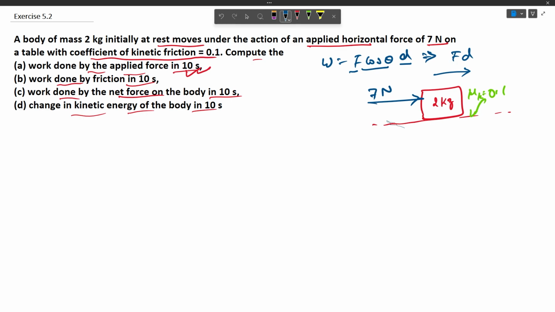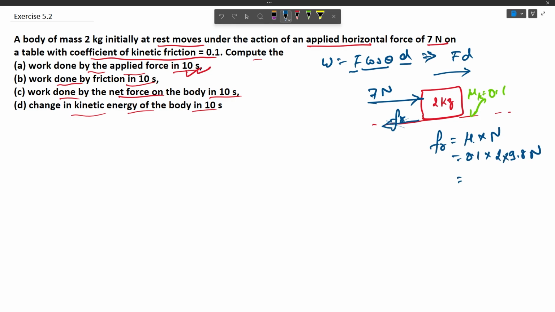Now force of friction would be acting in this direction, so we can represent it by Fr, and Fr has a magnitude of mu times the normal force, and here normal force is the weight, so 0.1 times 2 multiplied by 9.8 meter per second square.